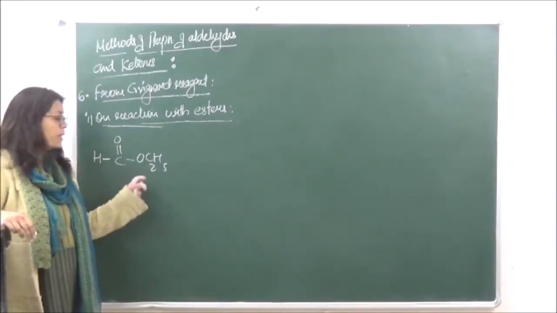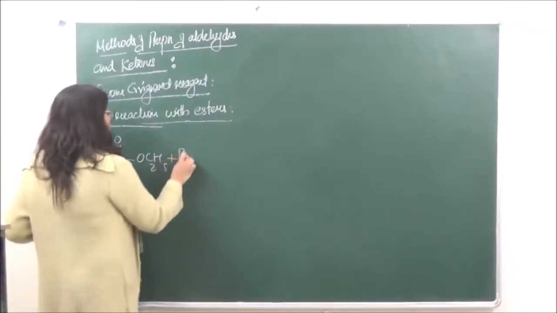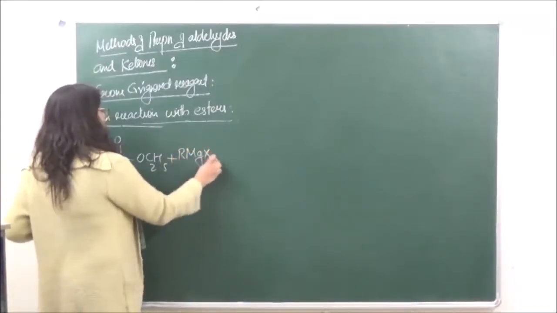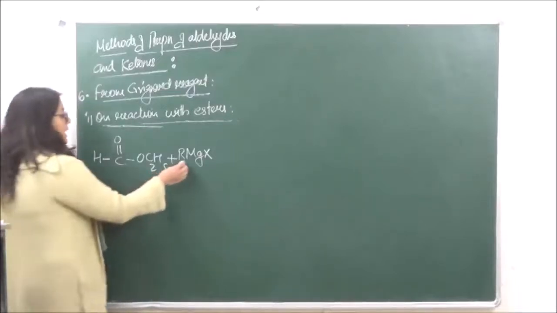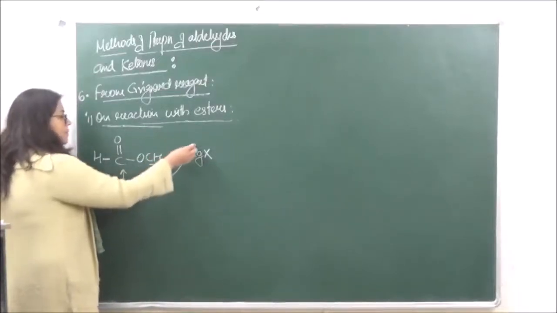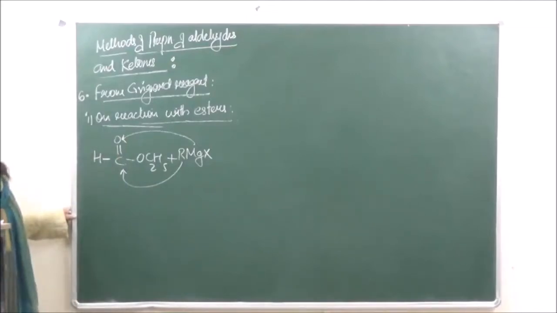Okay, so if you're doing this reaction over here, let's do the reaction with RMgX. Again, the R will go and attack at the carbon atom. MgX will attack at the oxygen atom. Same mechanism which we were following in case of aldehydes and ketones. Also we follow the same mechanism to give us the respective alcohols.